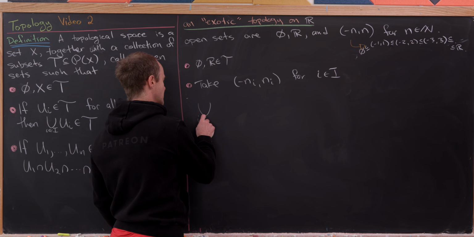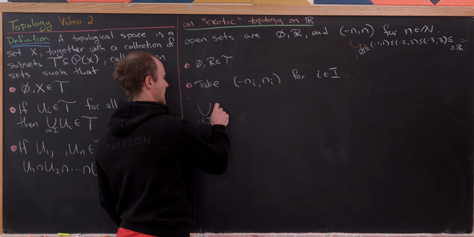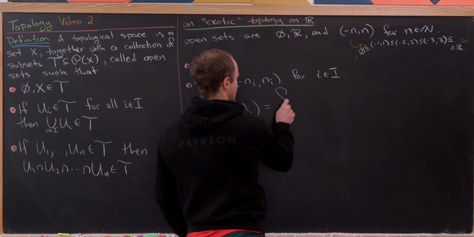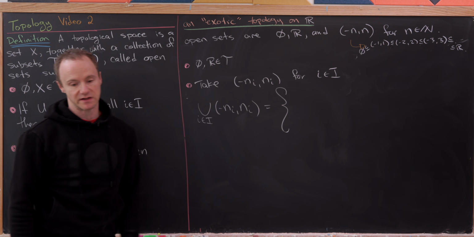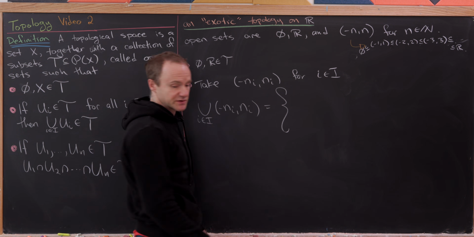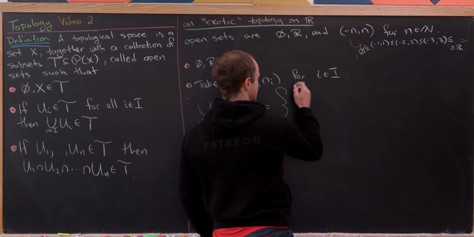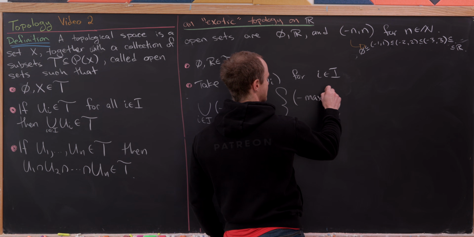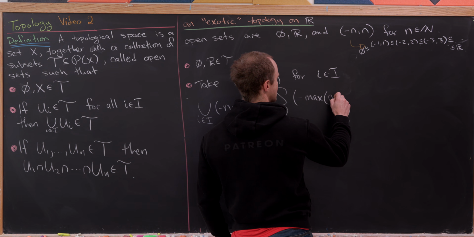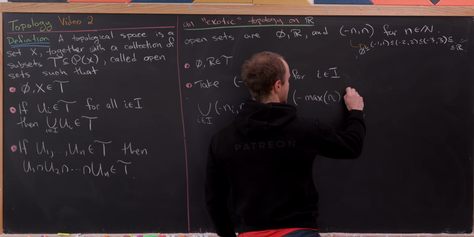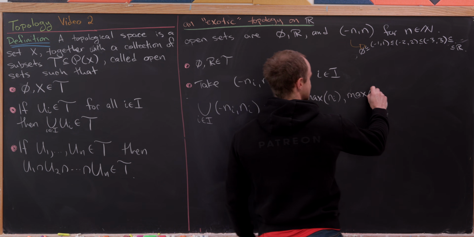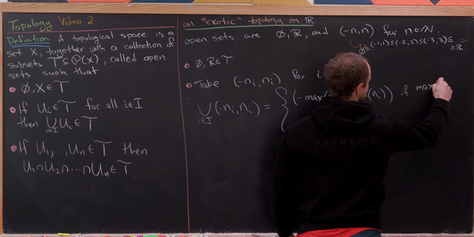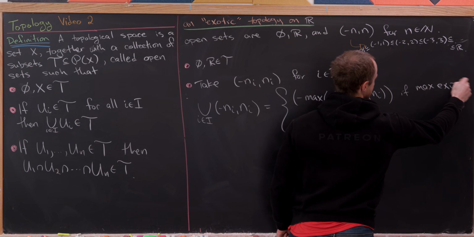If we take the union over all i in I of minus n_i to n_i, we're going to get one of two possibilities. We're going to get the interval which starts at minus the maximum of all n_i in I and ends at the maximum of all n_i in I, if this maximum exists.